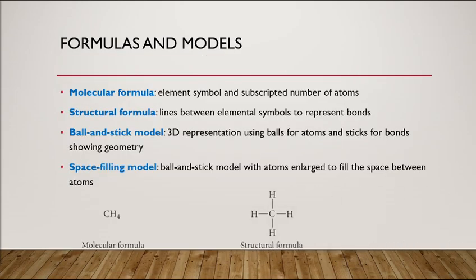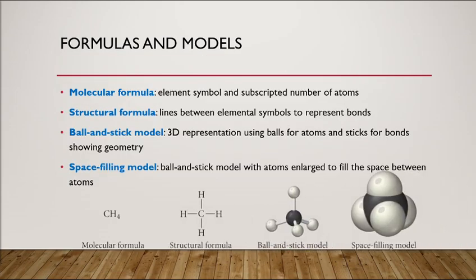So, quick representation. As I stated, the molecular formula for CH4 will tell you that there is one carbon and four hydrogens. It really doesn't tell you how these things are orientated around each other. But if you were to draw out the structural formula, you would see that the carbon is in the center, and each one of these hydrogens has a single bond to that carbon. But again, that is a two-dimensional drawing.